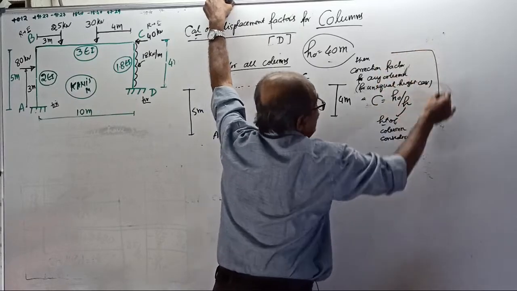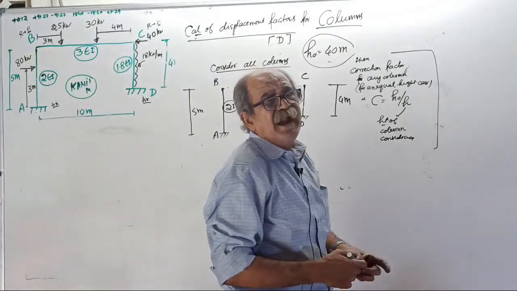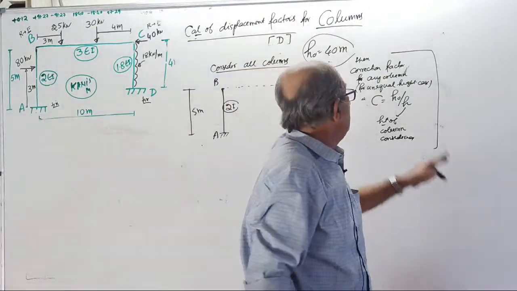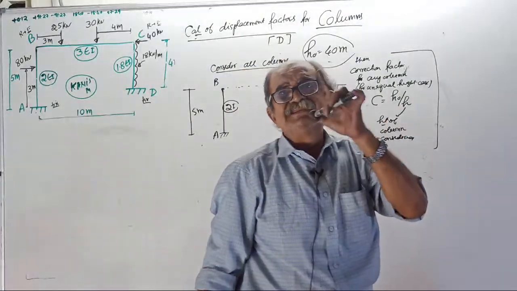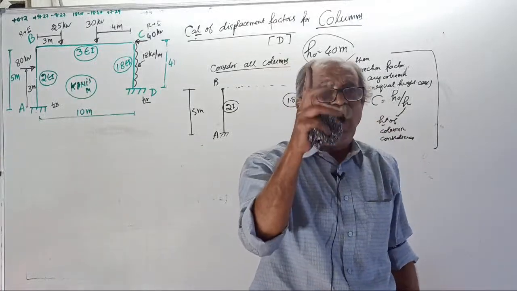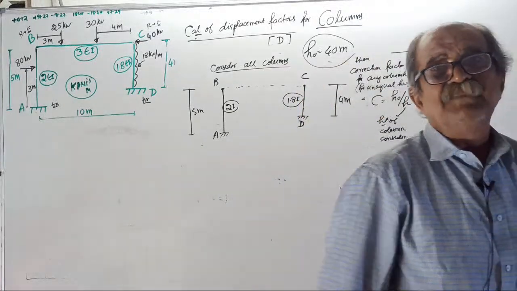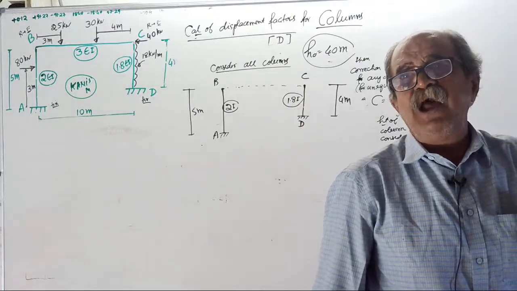Clear? This statement clear? The correction factor for any column, C, equals the reference height divided by the height of the column considered. This is the correction factor for unequal height.